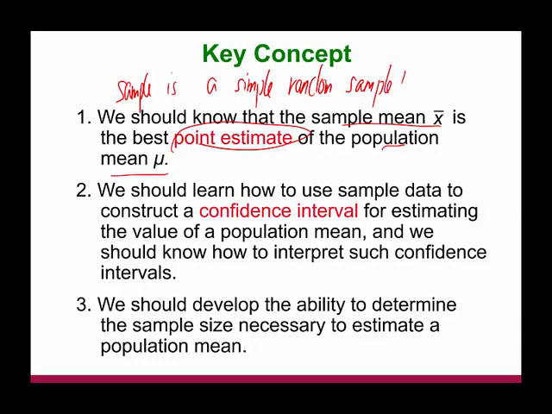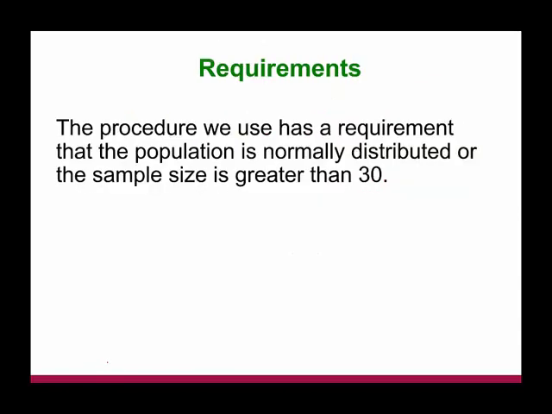And we will learn how to use the sample data to construct a confidence interval for estimating the value of the population mean mu, and then how to interpret those confidence intervals. We also will develop the ability to determine the sample size necessary to estimate the population mean. The procedure we use has a requirement that the population is normally distributed.